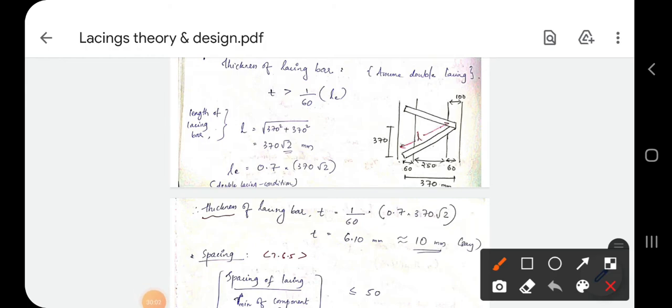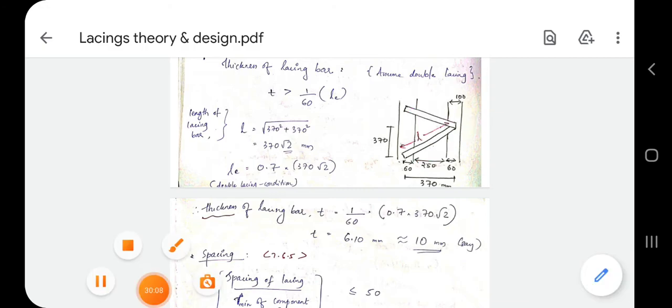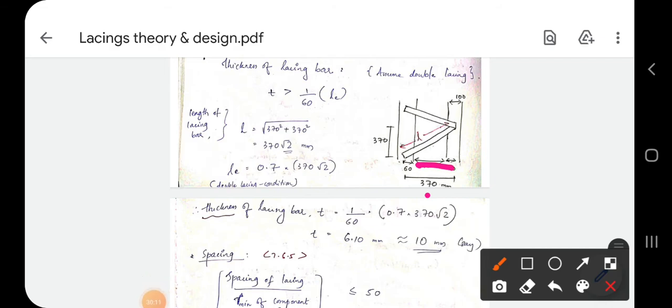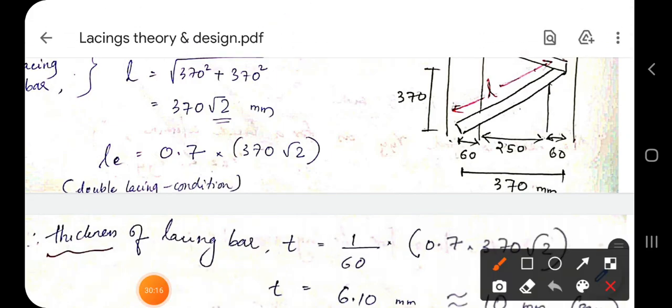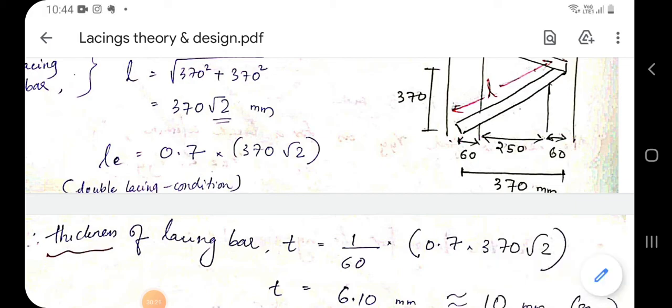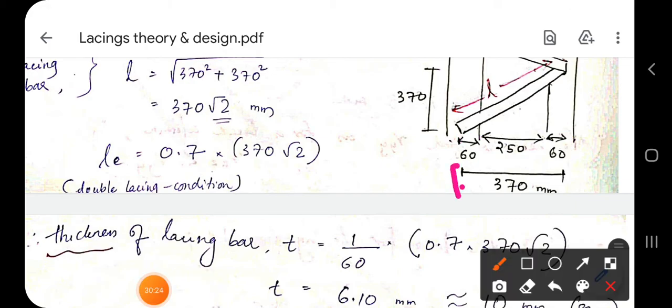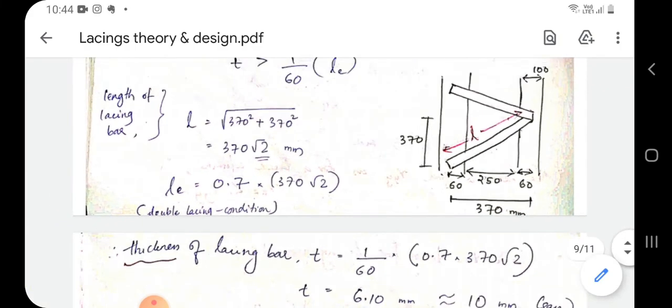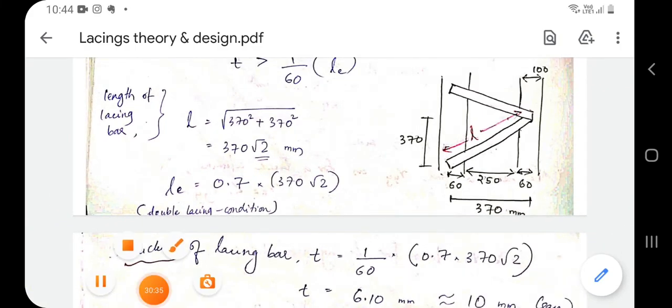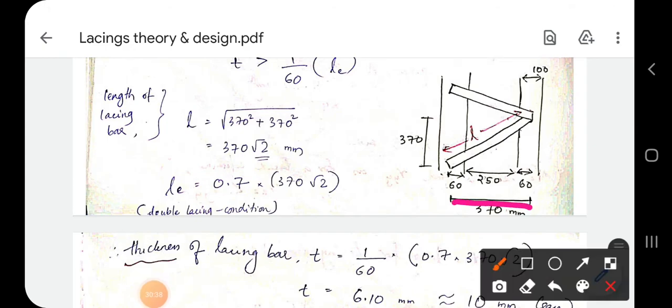From the figure, if you place the lacing at 45 degrees, we can see that 250 is the clear spacing between the two columns, and assuming the lacing to be placed at 60 mm from this end, so from either side 60 plus 60 plus 250 center to clear spacing, we will get 370 mm as the width, not width, actually it is the horizontal distance.